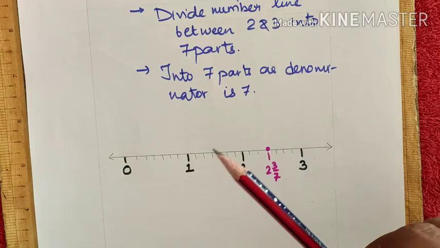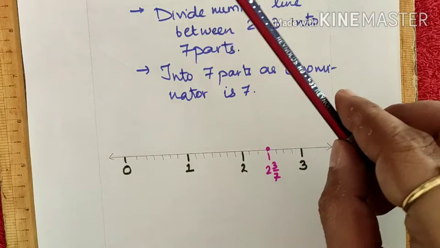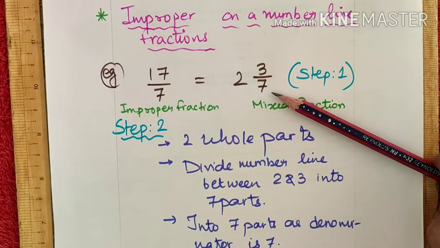Now I had told you in the earlier lectures that fractions will obviously have a numerator and a denominator. We'll always divide our number line into as many parts as the denominator. So here we have the denominator as 7.